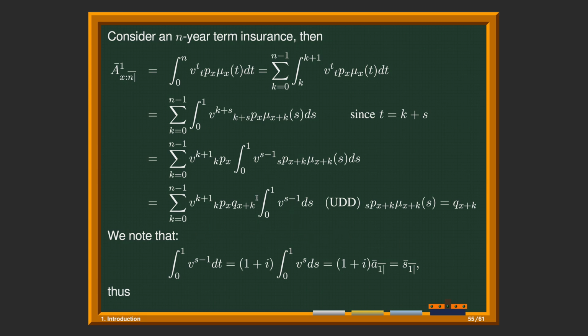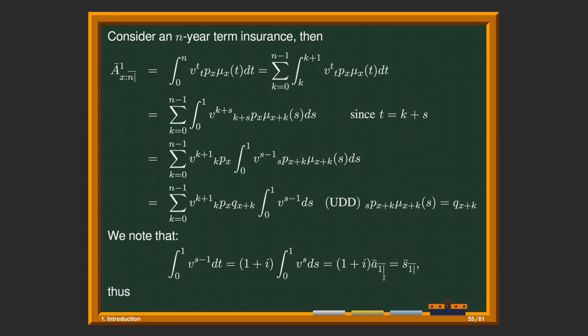Okay, so the next thing that we can do is to evaluate this integral now, and this is what we have. We note that again v to the s minus 1 can be expressed as v to the negative 1 times v to the s, but v to the negative 1 is 1 plus i. Okay, and then from theory of interest, we know that this integral is this, right?